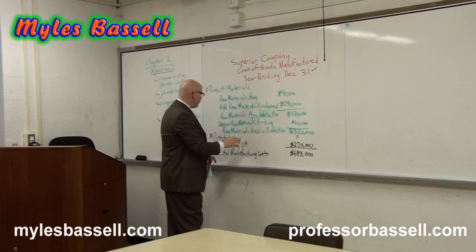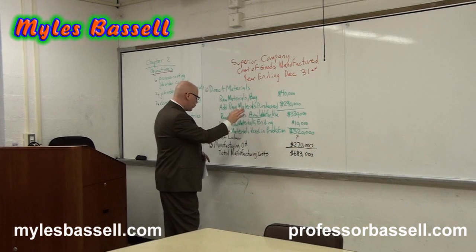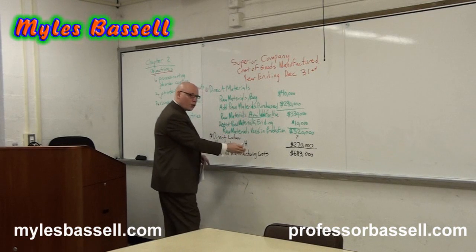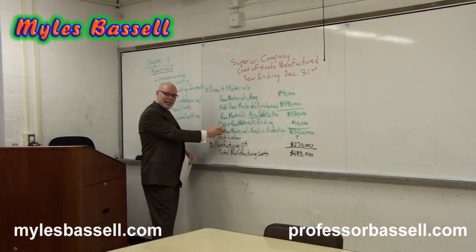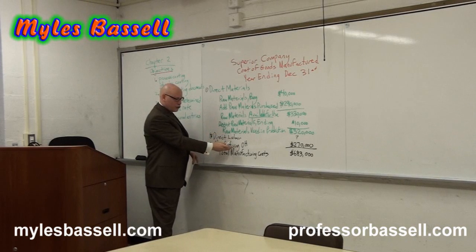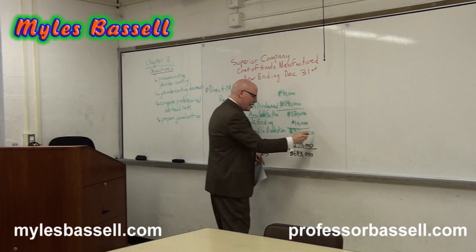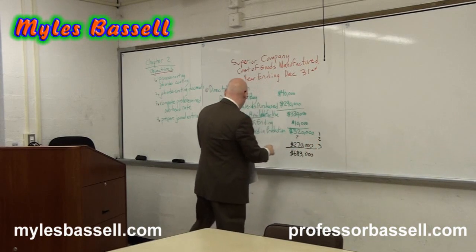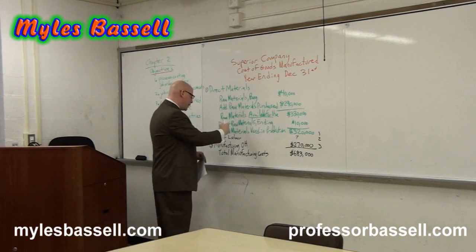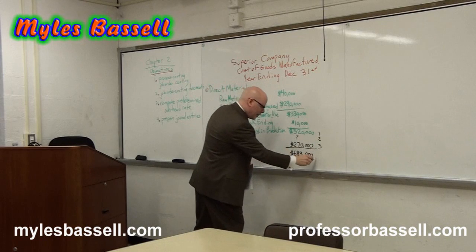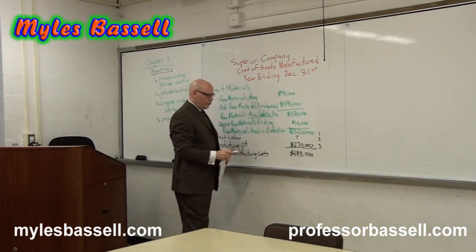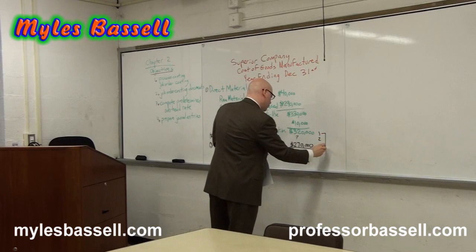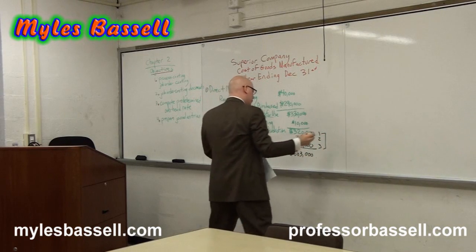That's the first component. Then to calculate the total manufacturing cost, we need to add direct labor and manufacturing overhead. So we need to add this, and this, which is the raw materials, direct labor, manufacturing overhead, to get this. So what we do is we add these two together, and we get what?